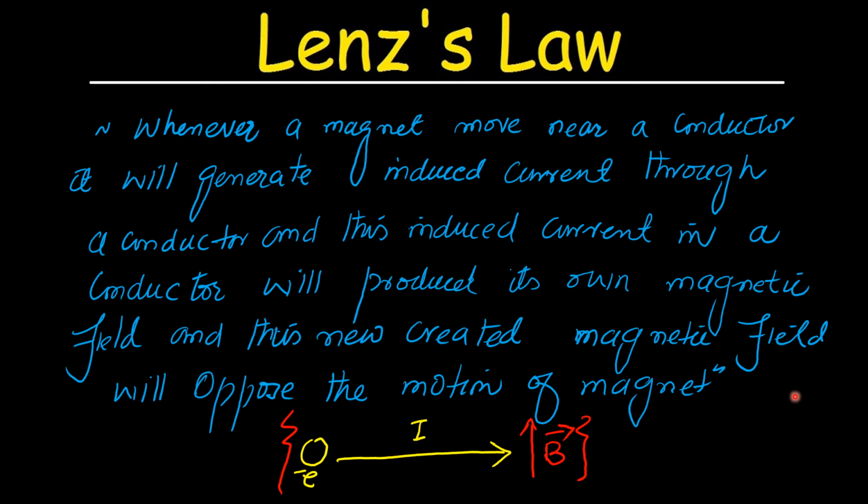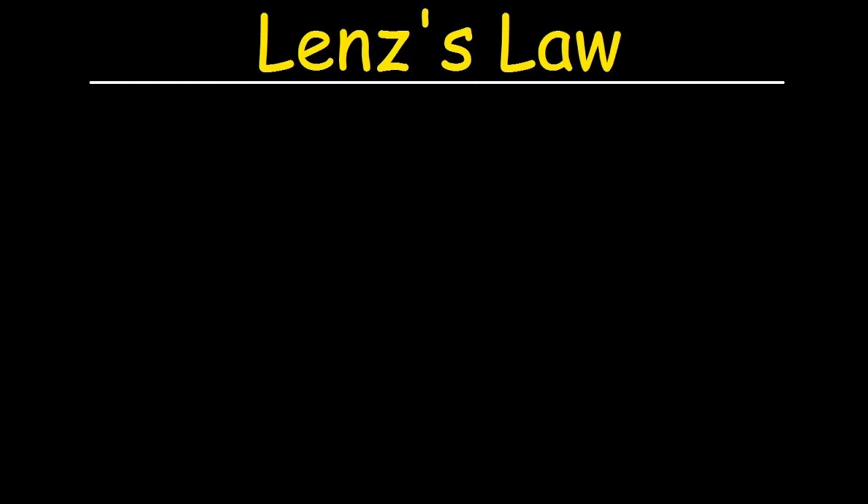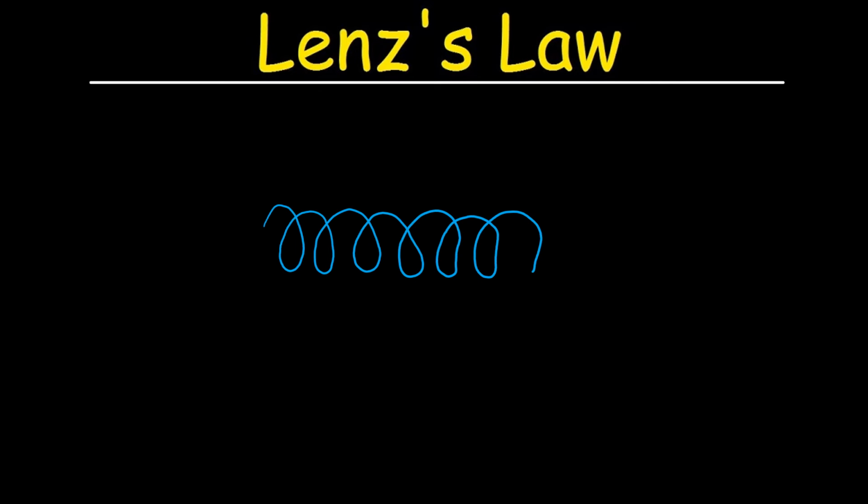So let me explain Lenz law in brief. Suppose that we have a conducting coil. This is a schematic representation of a conducting coil, and it is connected with a current detection device. It could be a galvanometer or ammeter. Suppose it is connected with a galvanometer.